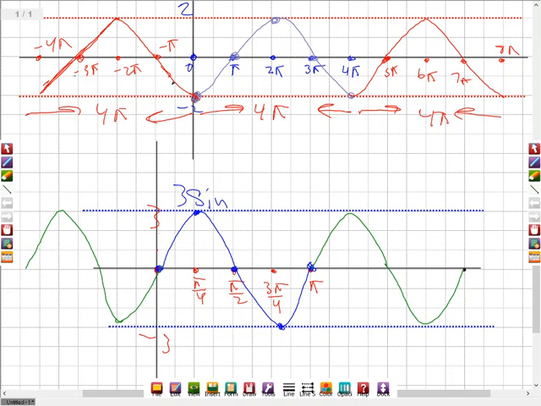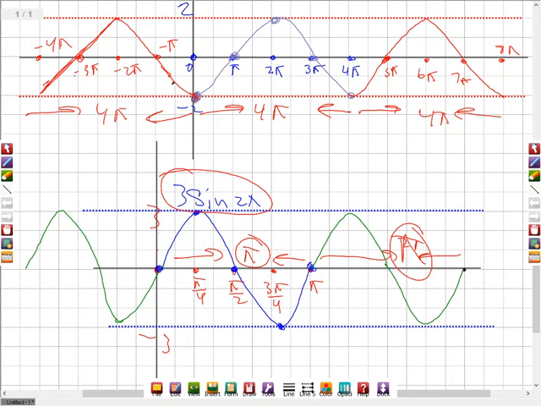Sine 2x. See that the period from here to here is pi, and from here to here is pi. The same thing, pi.